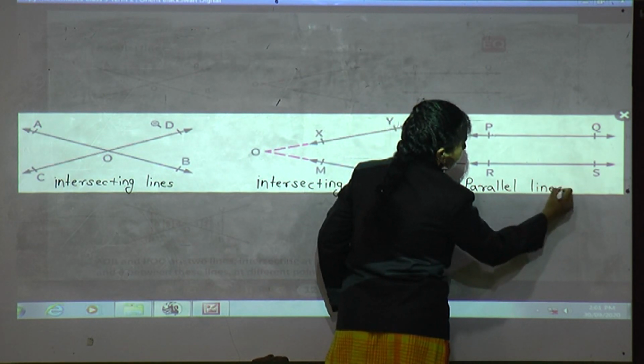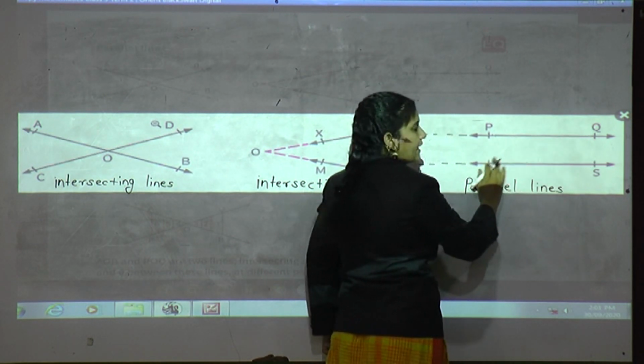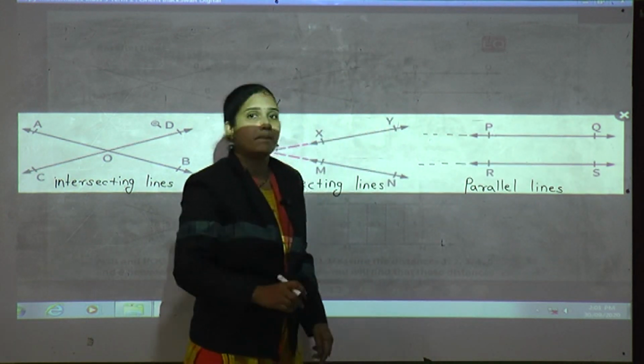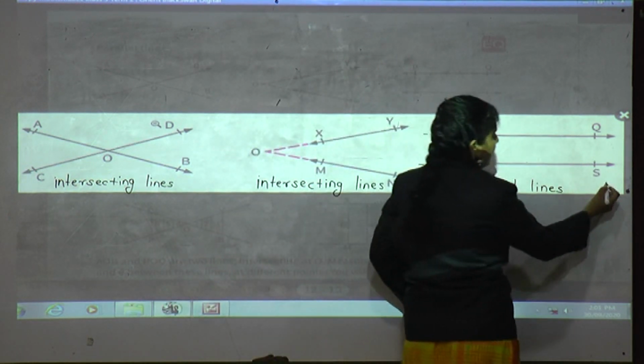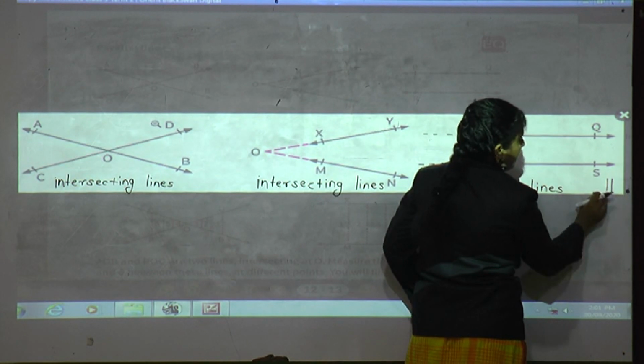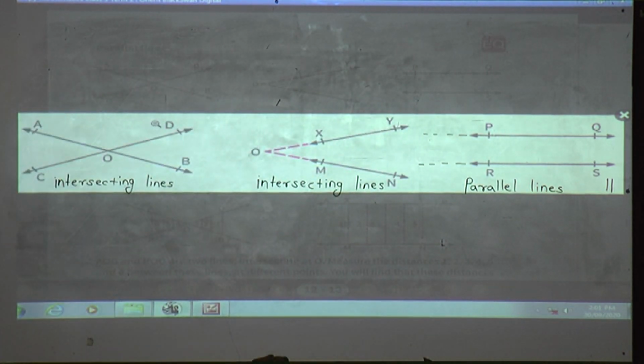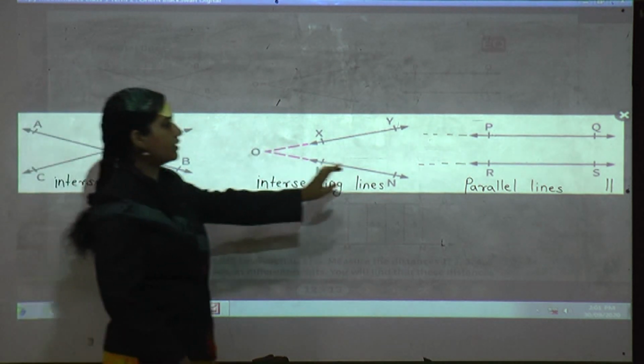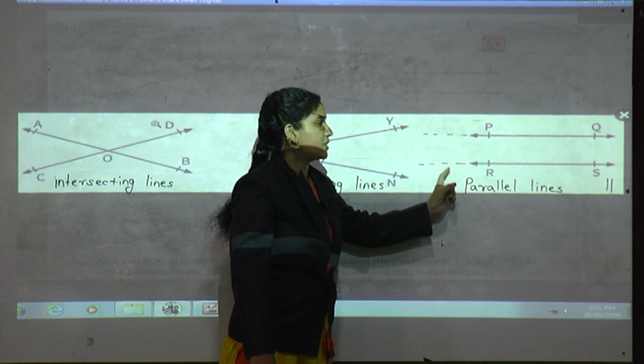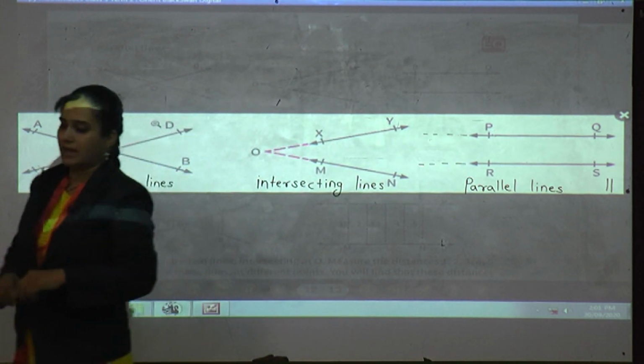Line PQ and RS are the parallel lines. This is the parallel sign. Then students, two lines are parallel if they do not intersect each other. That means these two lines are not intersecting, so they are parallel lines.